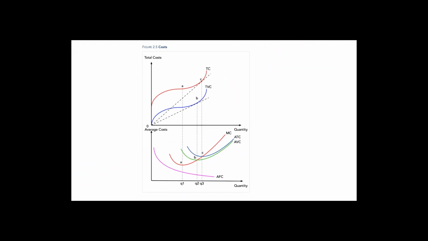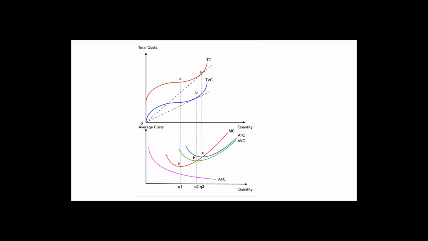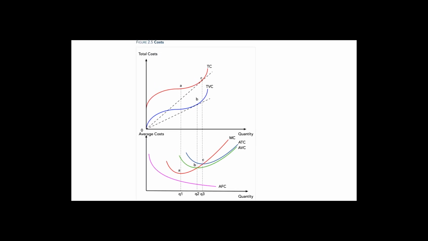Now, key things for MCQ purposes in your short run curves: points A, B, C. When the total cost curve is going up and has a curve at which it's turning, you'll have the same turning point in the variable cost also.